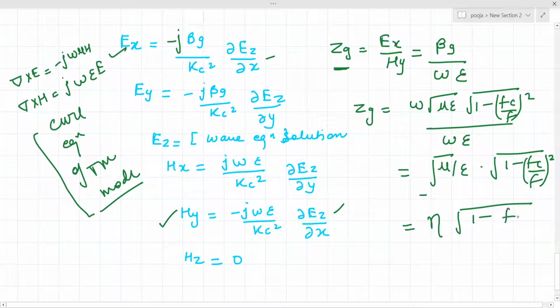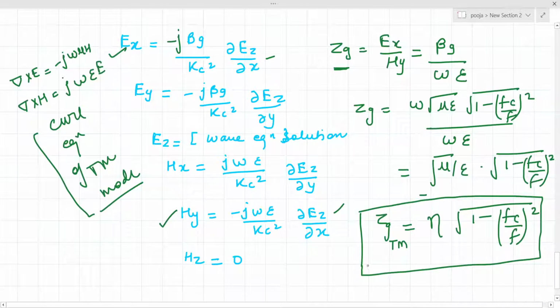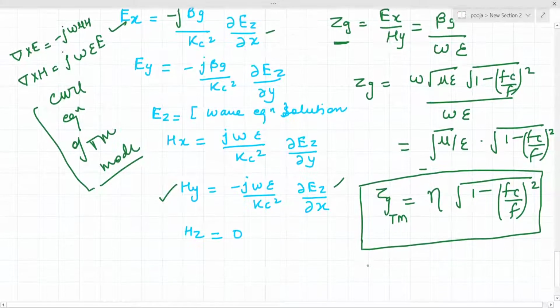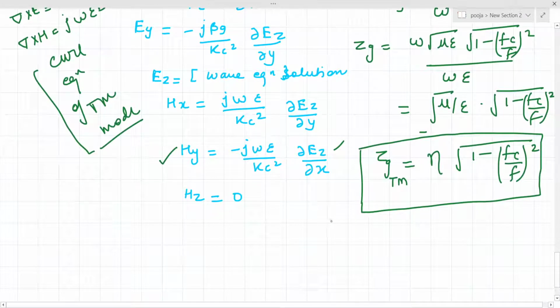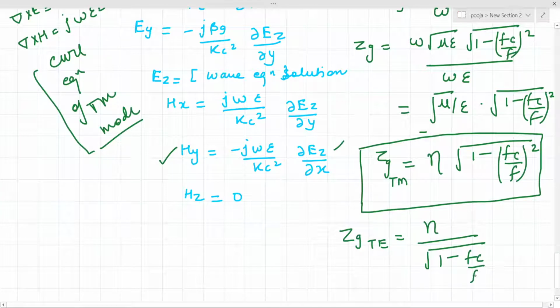We denote this as Zg TM, because this equation is different from the TE mode impedance. If you remember, Zg for TE mode was obtained as eta over root of 1 minus fc by f whole squared.